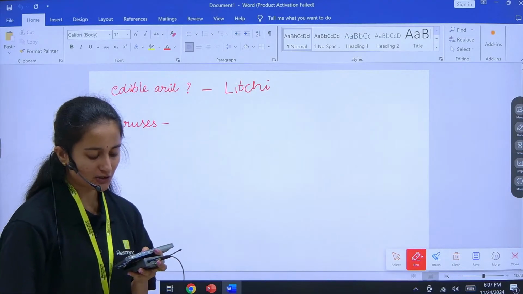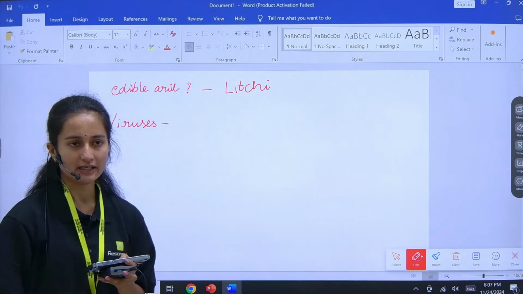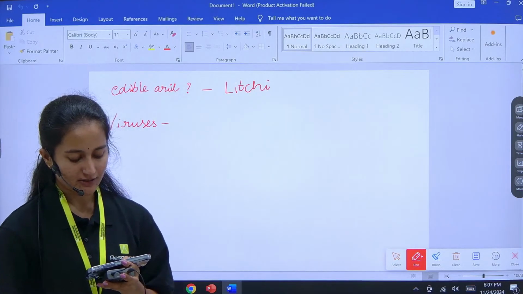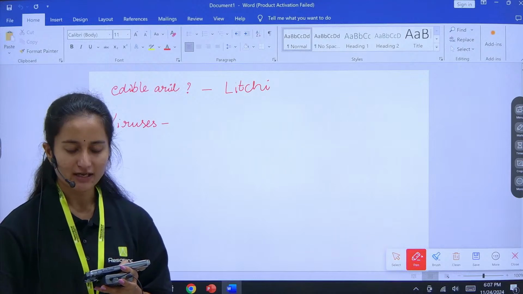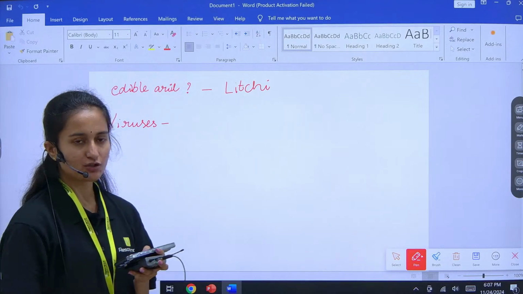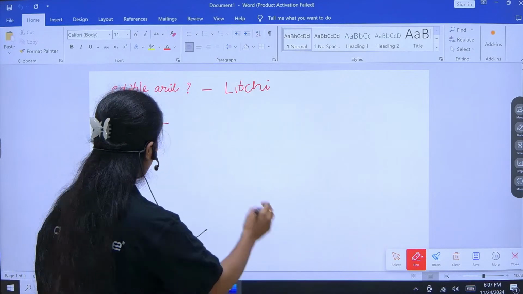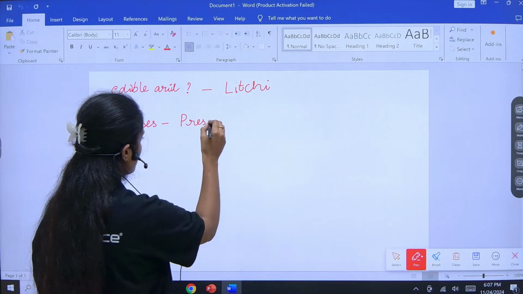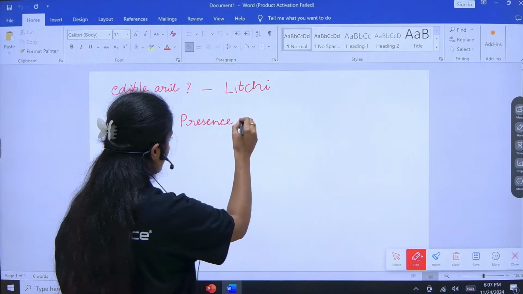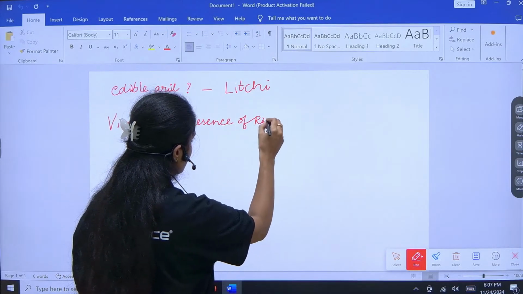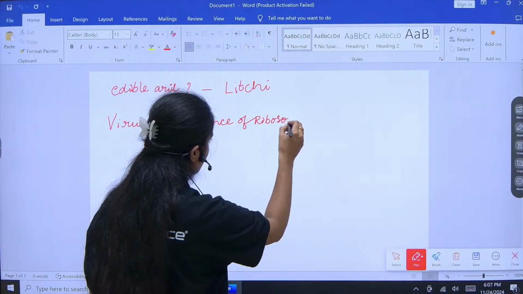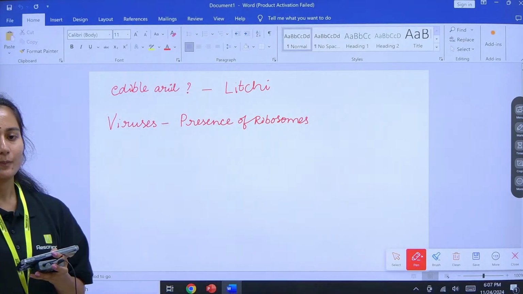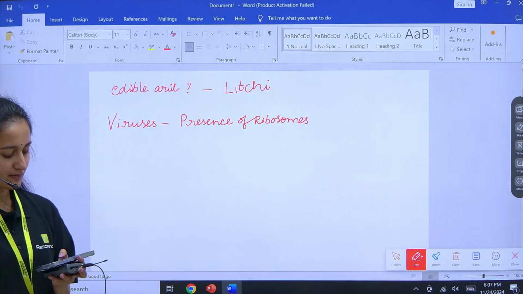And the reproduction by genetic material only, yes, in the viruses the reproduction is by the genetic material, and envelope made of glycoproteins, that is also correct. They gave the option as presence of ribosomes, but viruses do not contain any ribosomes. Ribosomes are cell organelles which can be seen in prokaryotes and eukaryotes, except viruses. So the option will be D.